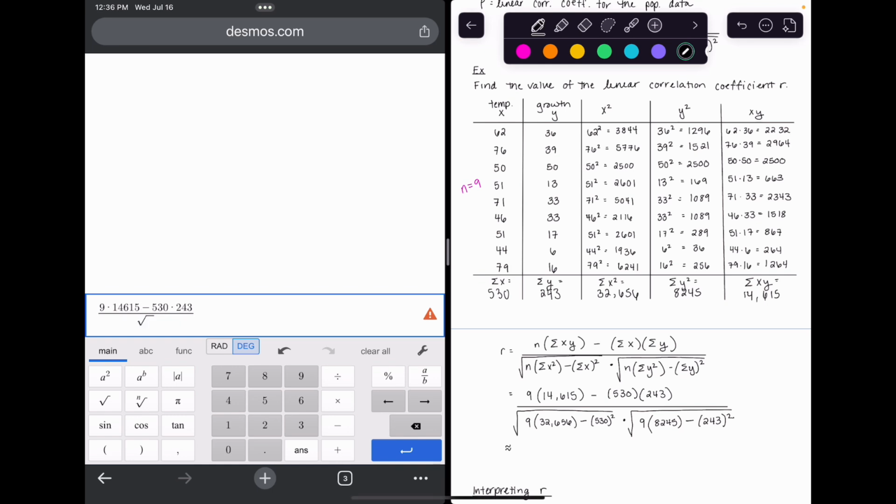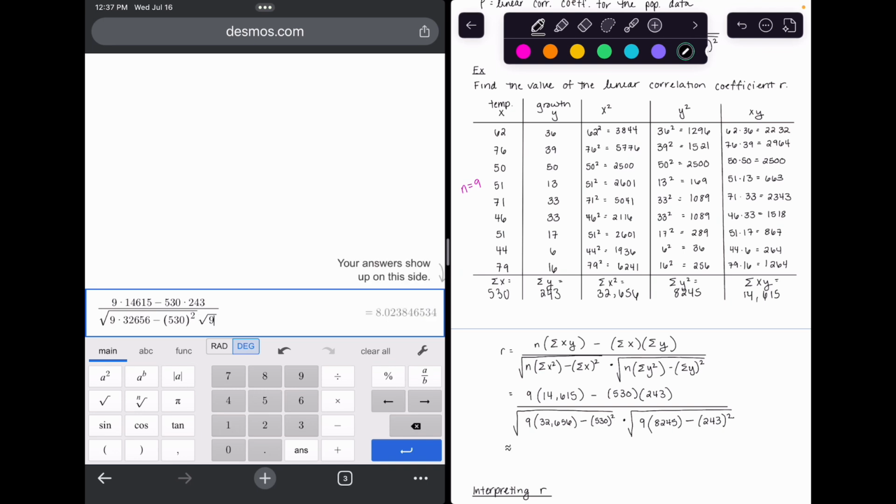In the bottom, I have 2 square roots. So there's my first one, there is my second one. In the first square root, we have 9 times 32,656. And then we want to subtract 530 to the second. Over here, we have 9 times 8,245.